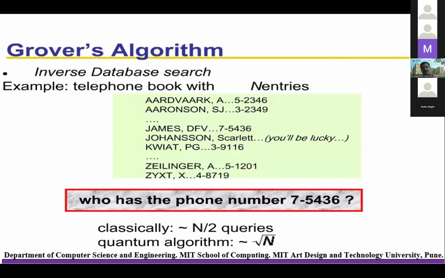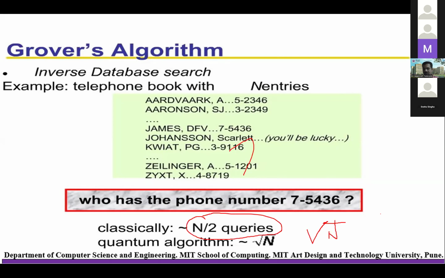Another example where we can use Grover's algorithm is a telephone dictionary. Suppose in one particular district or state there are so many telephone users, maybe millions of users in that dictionary, and we have to find the particular number whose name belongs to that number. Classically, approximately n by 2 queries will be required, whereas a quantum computer will solve this problem in approximately square root of n queries.